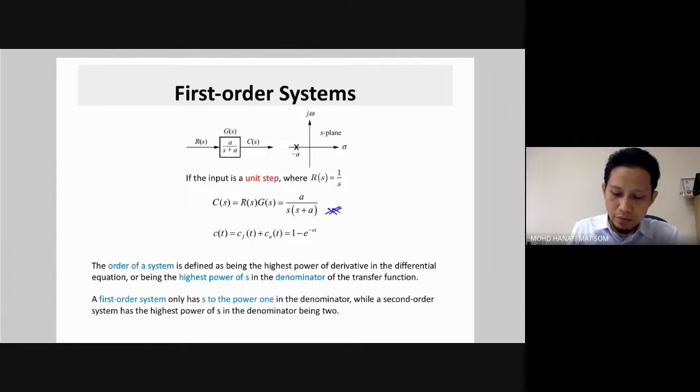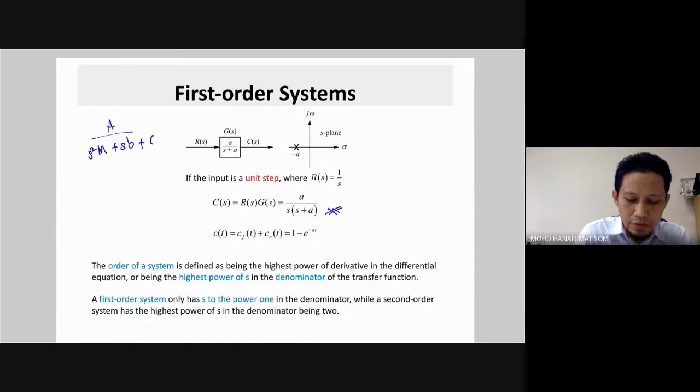Remember the last time, for the mechanical system, if we have something like a over s squared M plus s B plus C, this system is a second order system because the highest power of s is 2.